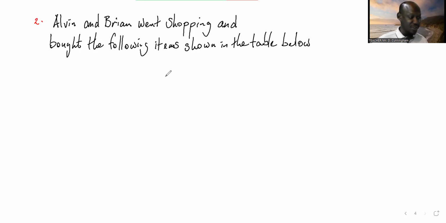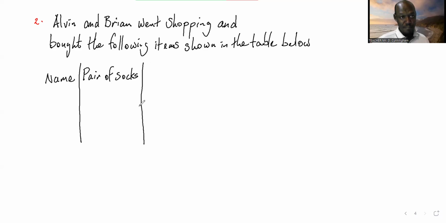So here are the things that they bought. They bought a pair of socks. They bought a pair of shoes. And they even bought a cricket bat.